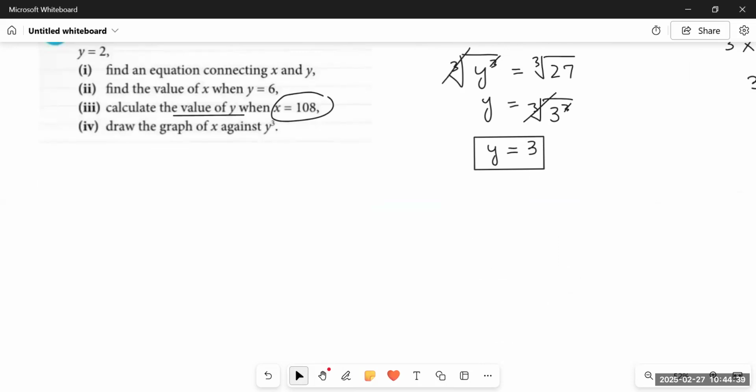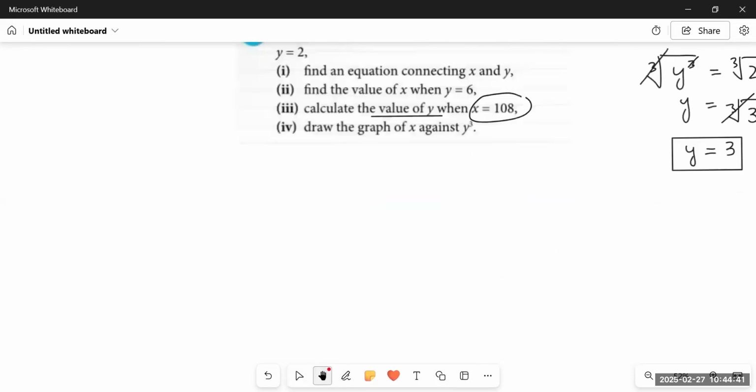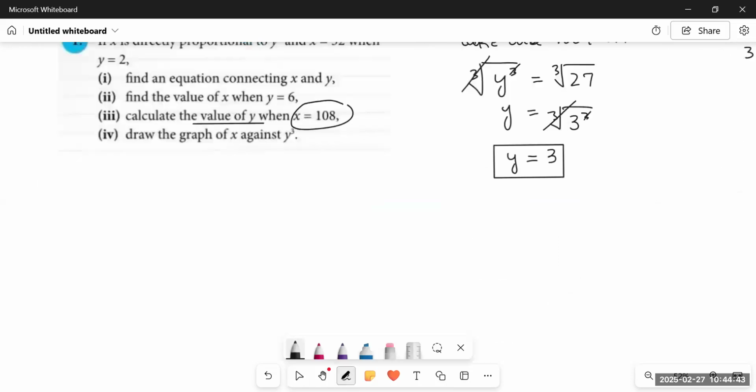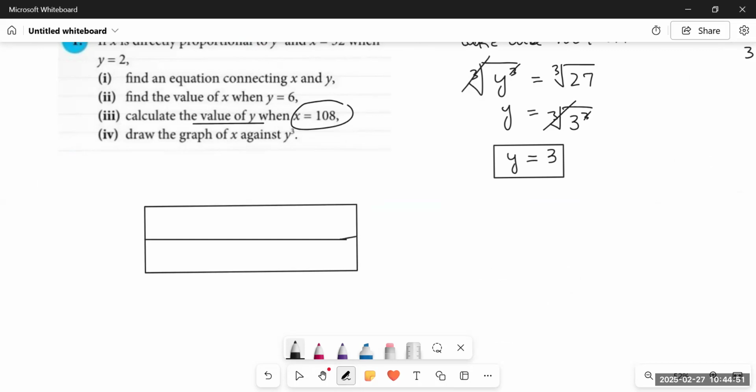For that, let us first build a table over here so that we can easily locate the values. Let us write down the values of x and y accordingly.